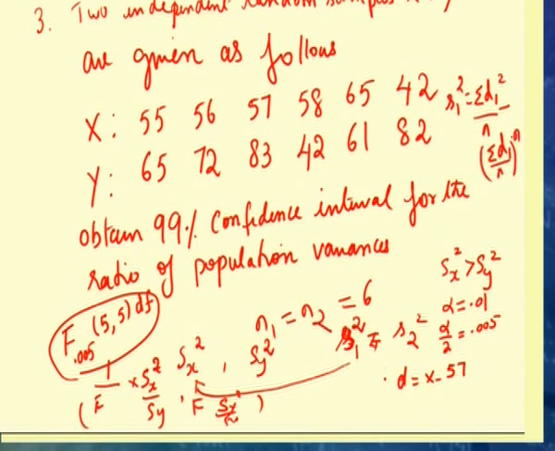Similarly, repeat this operation for S2 squared. For S2 you can take d equal to y minus 42. So having obtained these values, substitute. If you fit them in, you will get your 99% confidence interval for the population variances. Try it. Thank you.